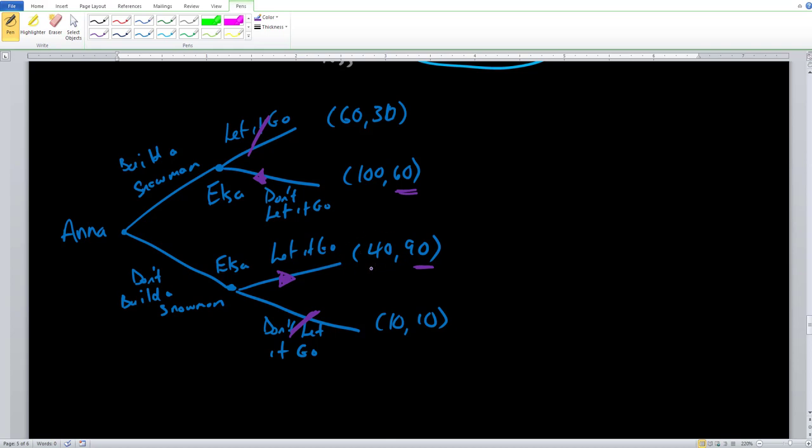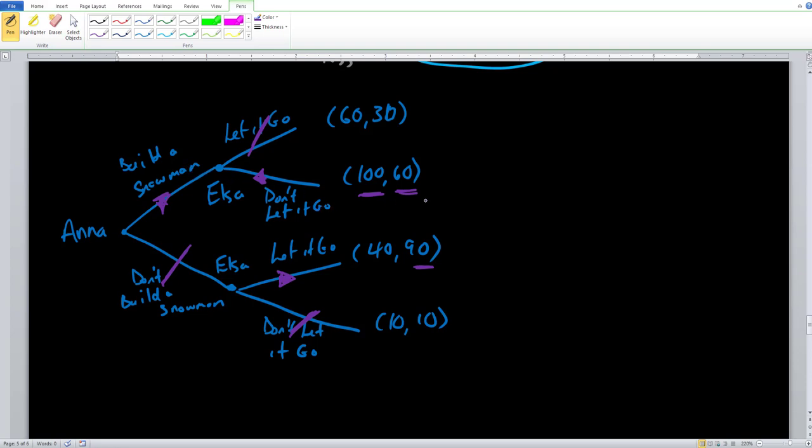So Anna knows exactly what Elsa is going to do at both of these branches because we have perfect information. Therefore, Anna is going to choose build a snowman because it's going to give her the highest payoff of 100, compared to the 40 if she chose don't build a snowman. So here, she prunes that off, and that's exactly how we come to our Nash equilibrium. Anna's going to go ahead and build a snowman.